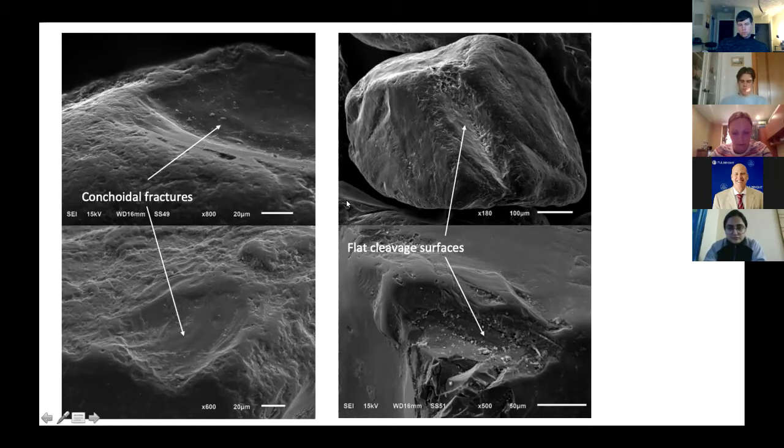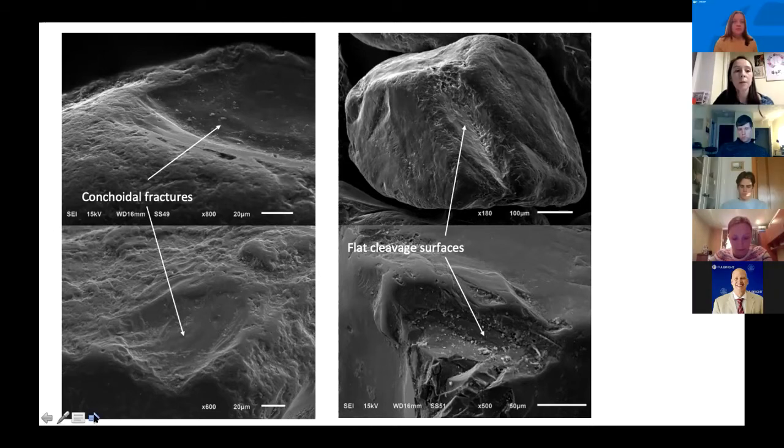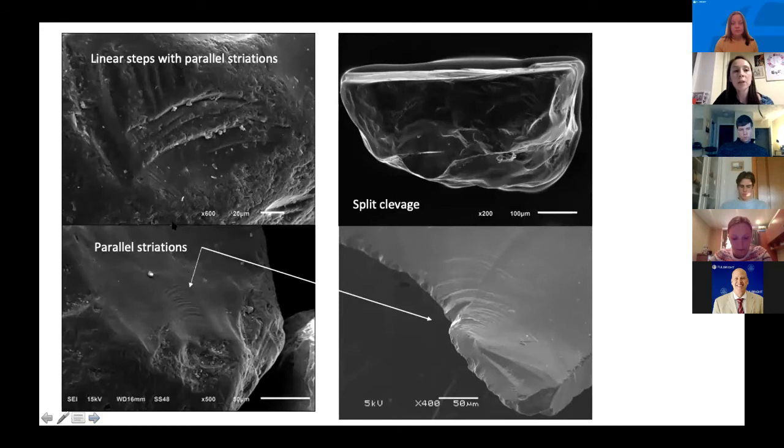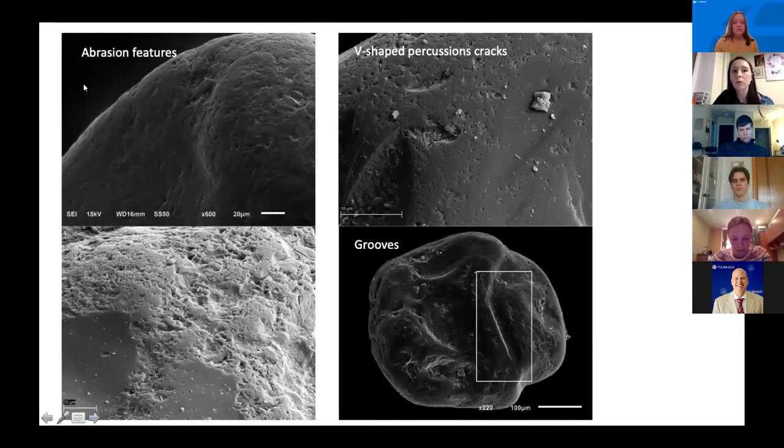Elements like flat cleavage surfaces, parallel striations, and linear steps usually characterize glacier environments. Abrasion features and V-shaped percussion cracks are for the fluvial environment, and this surface we usually attribute to an aeolian environment.